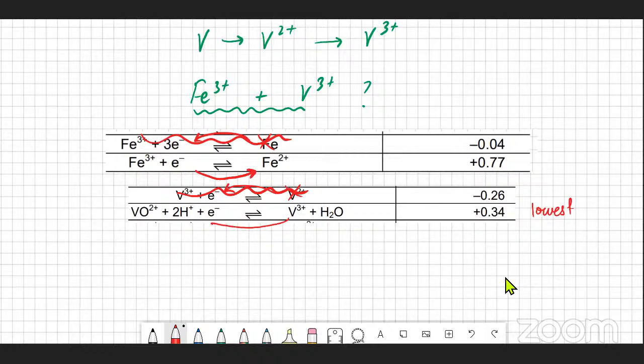So you notice that Fe3+ is the higher potential and V3+ is the lower potential. The reaction will happen again, and the reaction is going to be the upper one forward and the lower one backward. Fe3+ is the reactant, and in the lower one the reactants are V3+ and H2O.